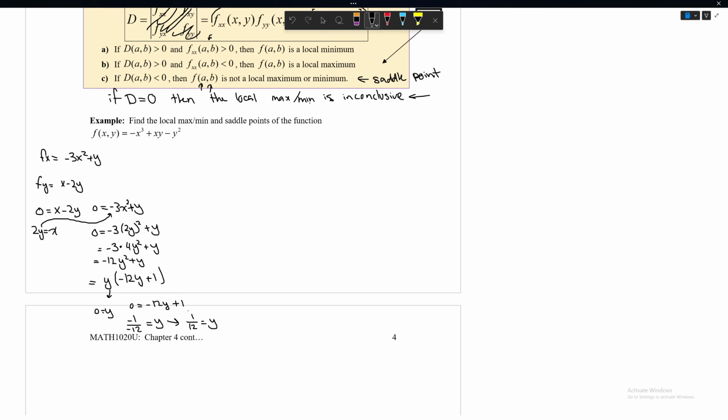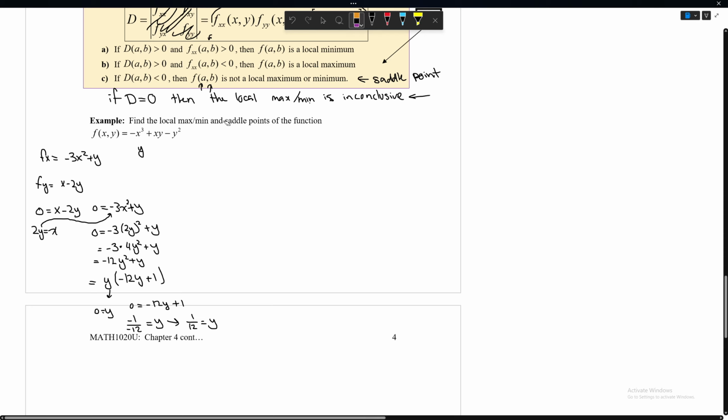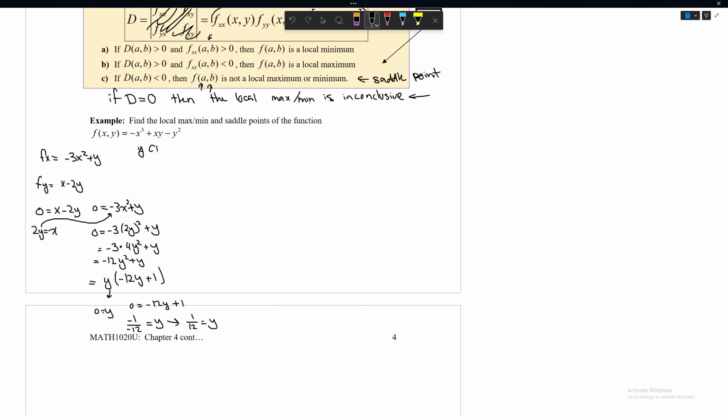Now I can take these critical values and sub them in. So I have y critical, YCP, equals 0, 1 over 12. I'm going to sub them in here.